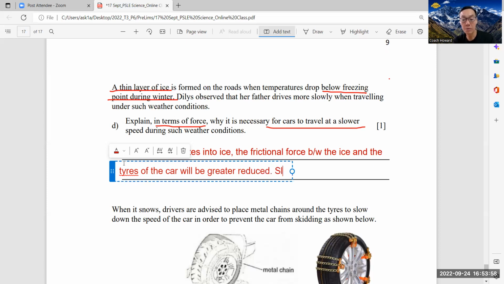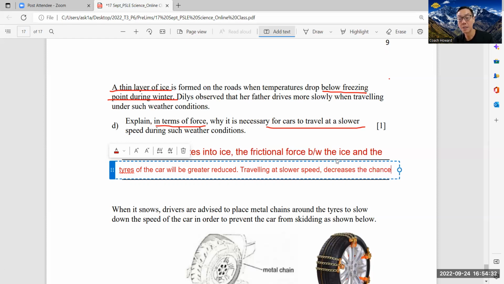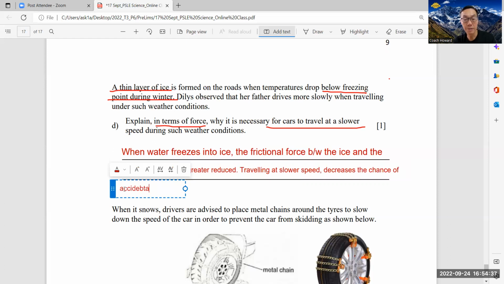Traveling at a slower speed decreases the chance of accidental skidding.